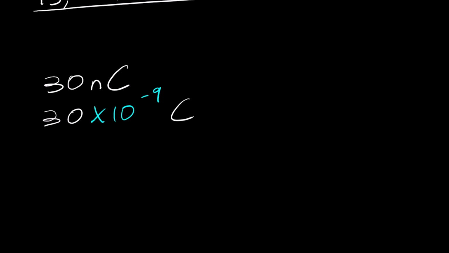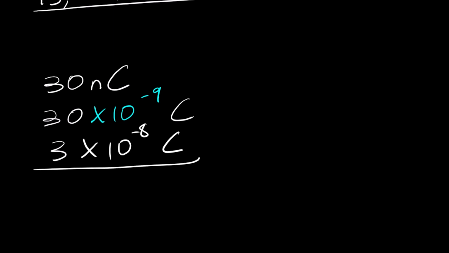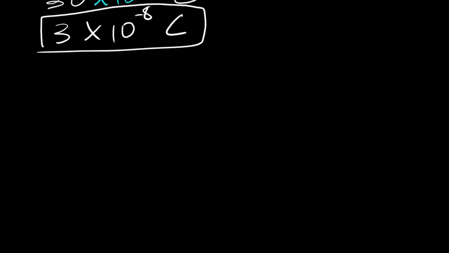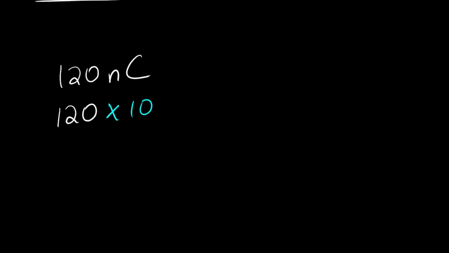Punch this on a calculator. 30 multiplied by 10 to the power negative 9 coulombs. 120 times 10 to the power negative 9 coulombs.